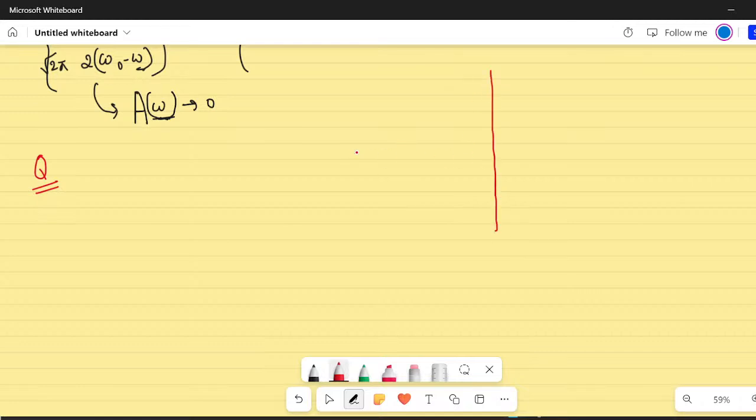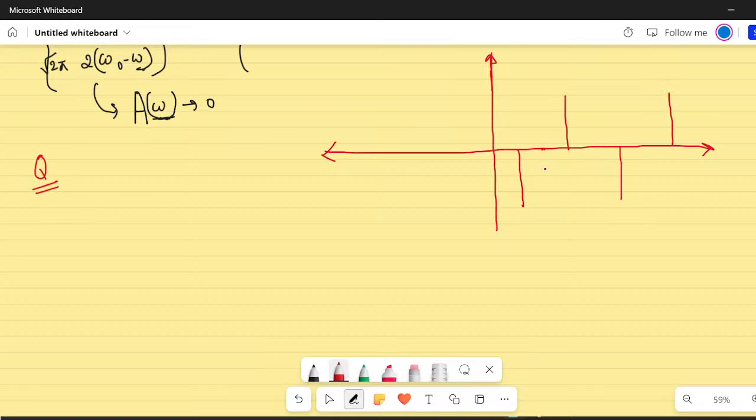So this is how your function is behaving. I'm just making the graph. You'll find that in the exam, the peaks were located at x equal to plus minus 1 by 2, then 3 by 2. I'll write it, don't worry.